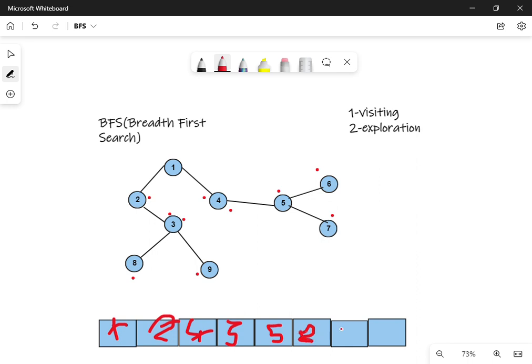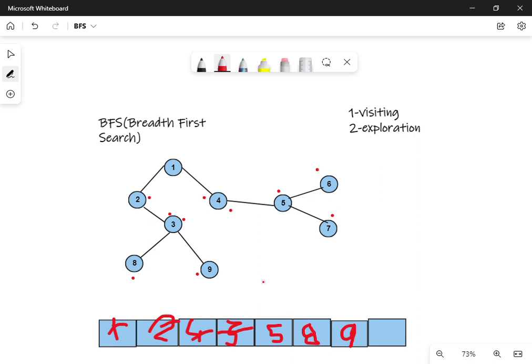Sorry guys, 8 and 9. But there is one vertex left, which is 2. We don't need to write 2 here because 2 was already explored before.